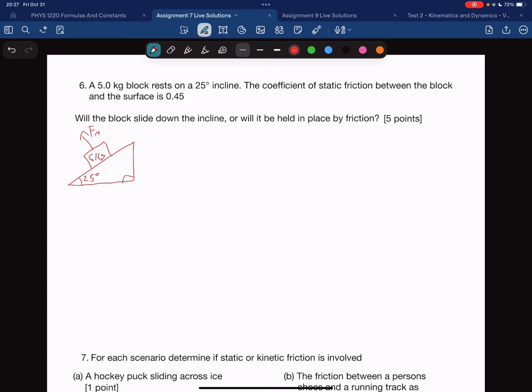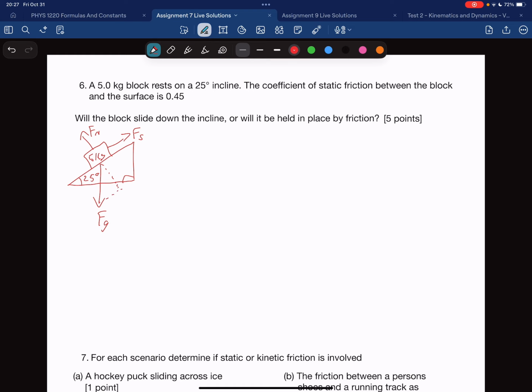The coefficient of static friction between the block and the surface is 0.45. So I have static friction. There's no other force, so I know static friction is going to be pointing up the ramp. And the force of gravity is going to be pulling it down. And that's all my forces. Right.